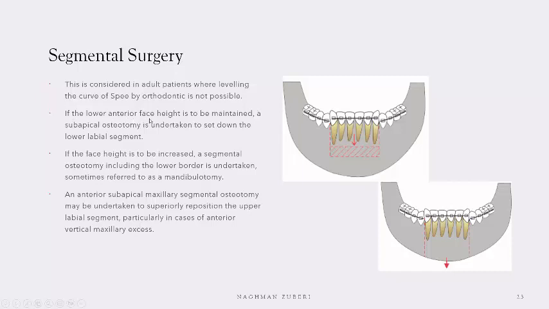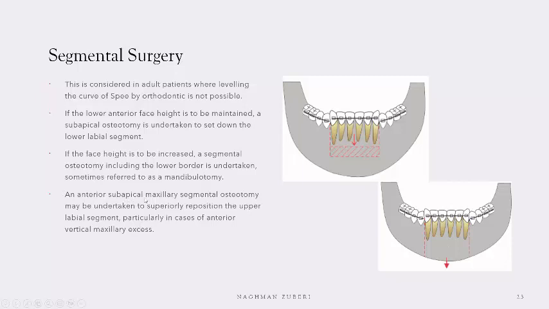If the lower anterior face height is to be maintained, a subapical osteotomy is undertaken to set down the lower labial segment. And if the face height is to be increased, a segmental osteotomy including the lower border is undertaken, which we call mandibulotomy.